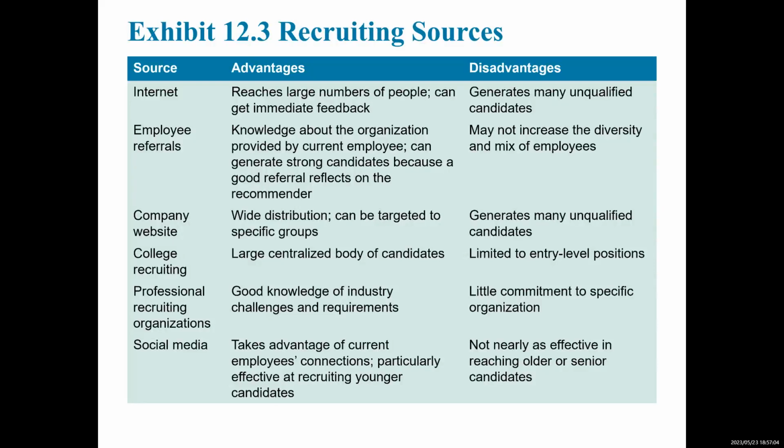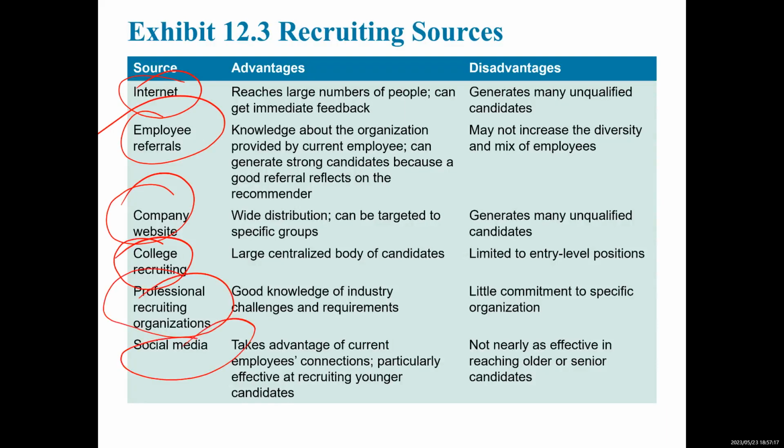Recruitment sources are how you advertise your job: through the internet, employer referrals, company websites, college recruitment board activities, professional recruitment organizations, social media. Everything has its own advantages and disadvantages.